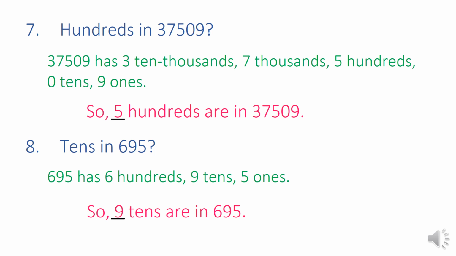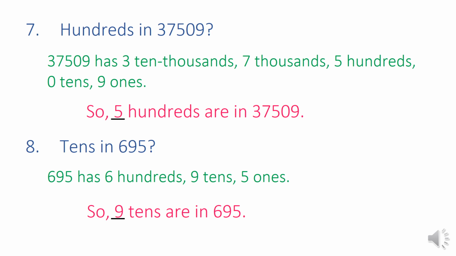So 5 hundreds are in 37,509. Okay. Our eighth question is, how many tens are in 695? 695 has 6 hundreds, 9 tens, and 5 ones.